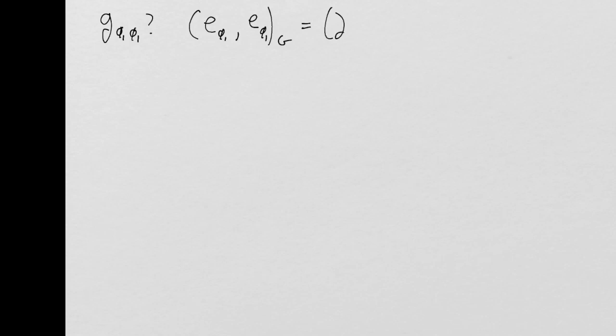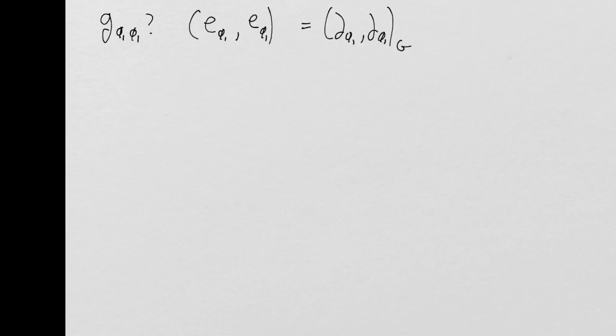So to demonstrate, we're interested in g phi 1, phi 1. Say I want to know what that is. Well, that's going to be e phi 1 inner product with e phi 1 in the glome basis. But I know what e phi 1 is in the Euclidean basis. Well, that's also, by the way, partial phi 1, partial phi 1, the coordinate basis.